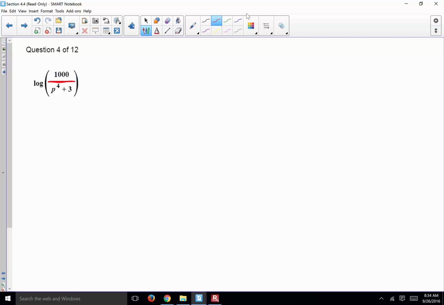Good. Kylie says there is a quotient here. We need to first separate top and bottom. This is top. This is bottom. We just need to make a minus between them. Okay. And if you need to show the base, these are 10.